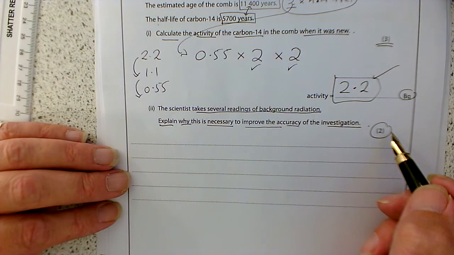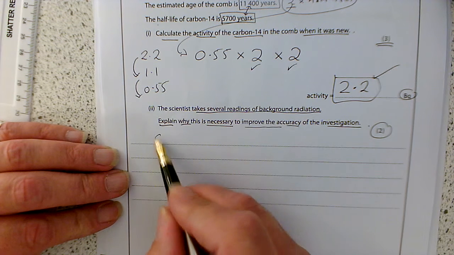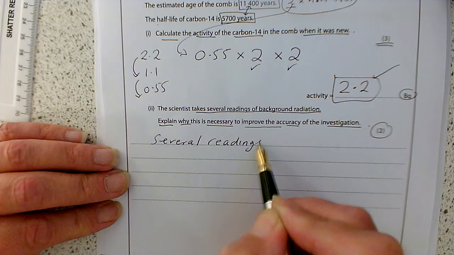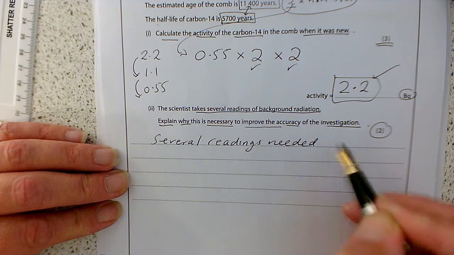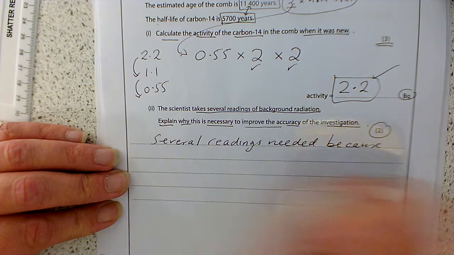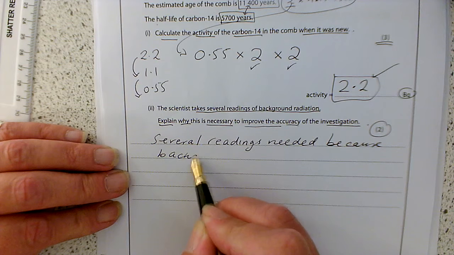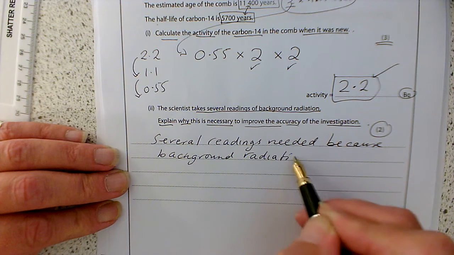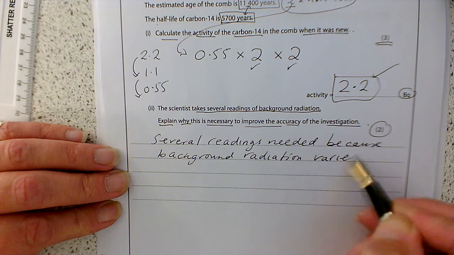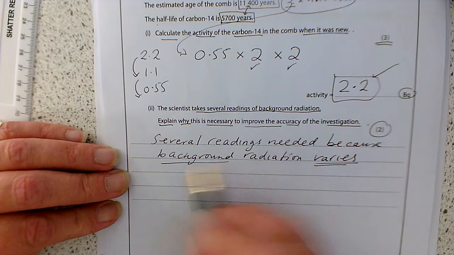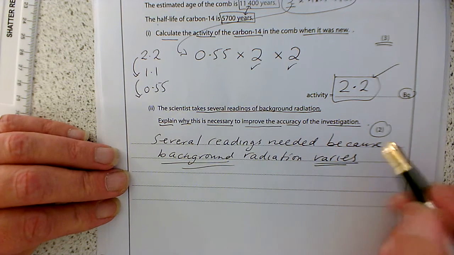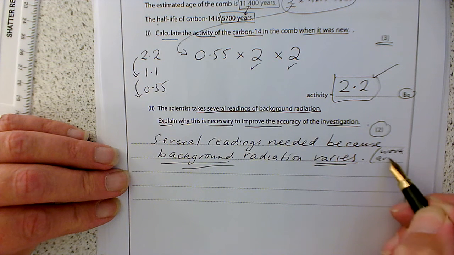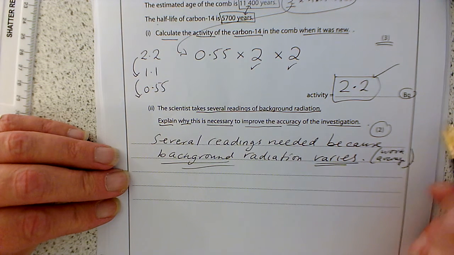I would say several readings are needed because background radiation varies. It's not always constant. It goes up and down, so we always take an average. That's getting me a mark.